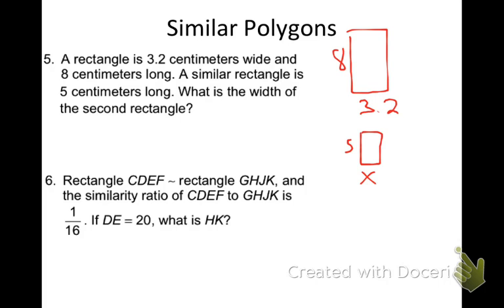Camden, what proportion could you use to set this up? That would work. 3.2 over 8 equals x over 5. Did anybody else set up a different ratio? You could set up a couple different ones. But then once I set that up, what can I use to solve this? Cross products. Use cross products to solve that real fast.